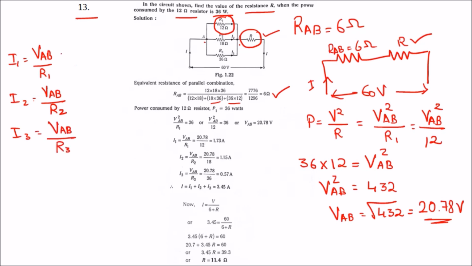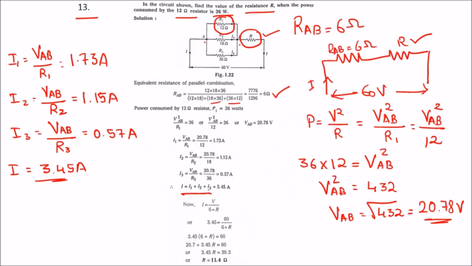Calculating these, we will get 1.73 amps, 1.15 amps, and 0.57 amps. We get the supply current by adding all three, that is 3.45 amps.